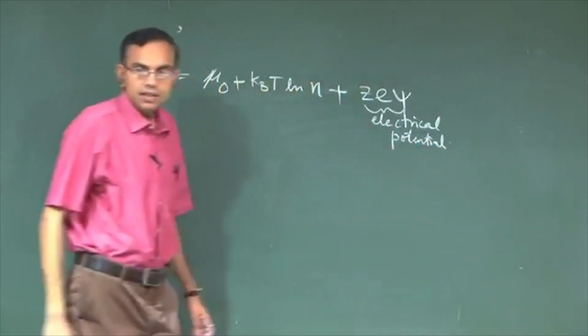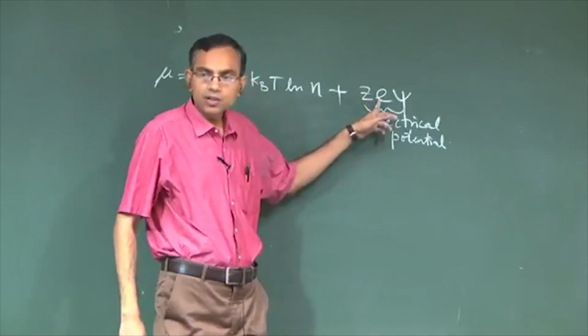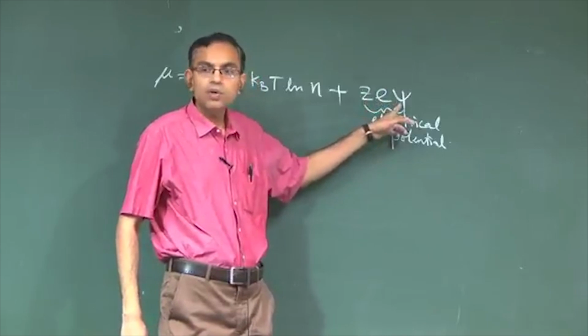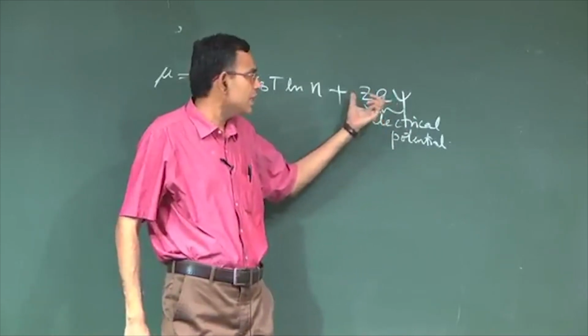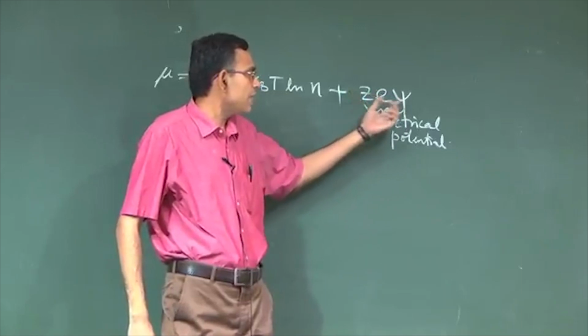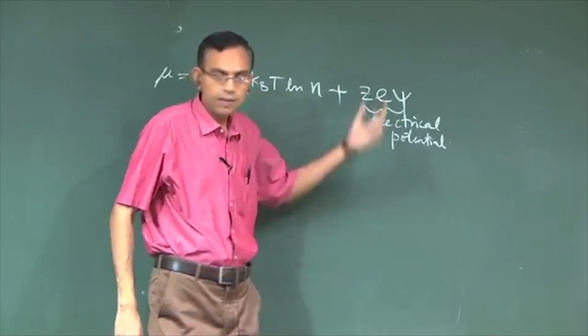What is Z? Z is the valency, E is the charge of a proton and psi is the potential. So, the electrical potential is given by the potential times the charge.